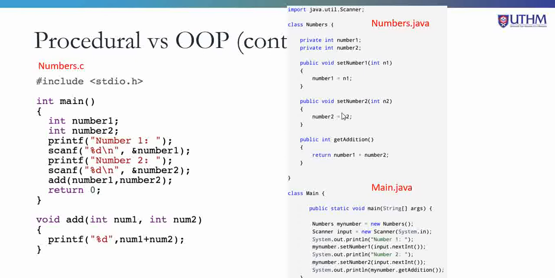Okay, this one is using Java, the left one is using C. So as you can see here, we have an add function. So this function is just simply to sum up two numbers. So these numbers are required from the user, or user input. So in procedural, we separate the add function and the data itself. Okay, number one and number two.